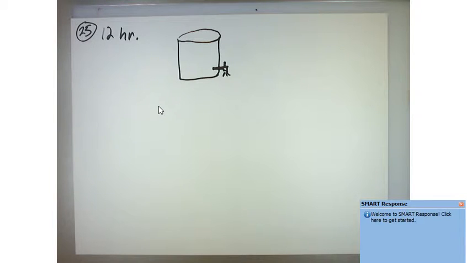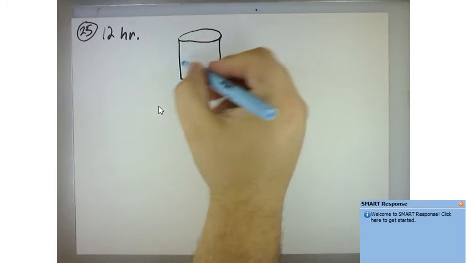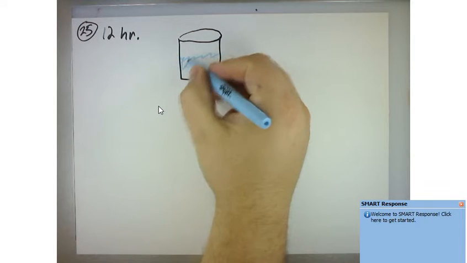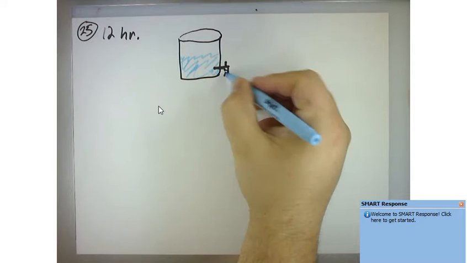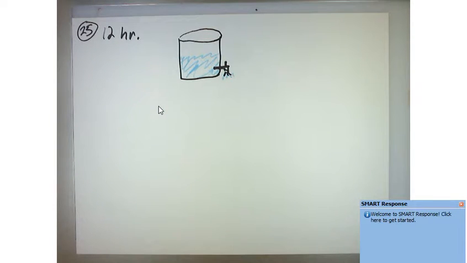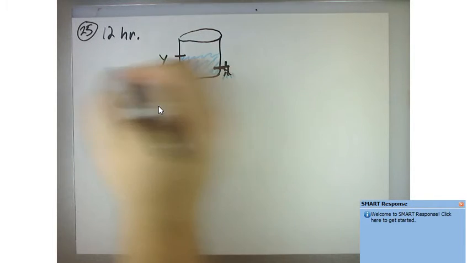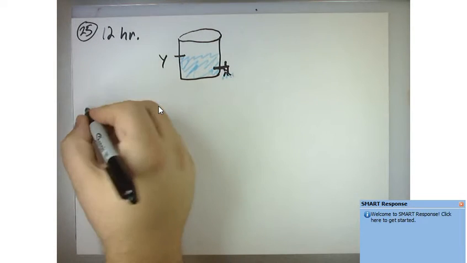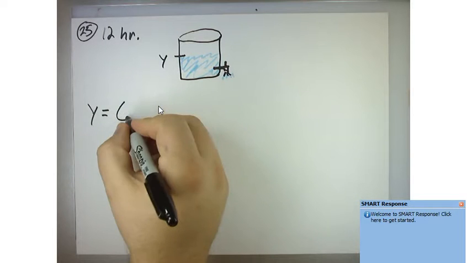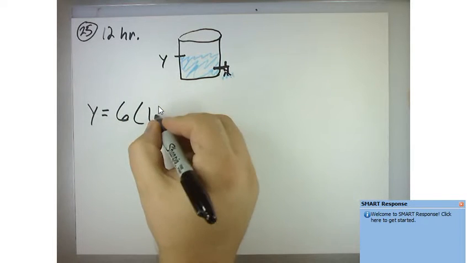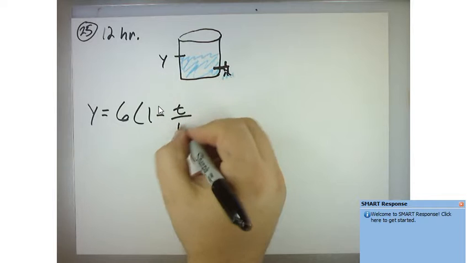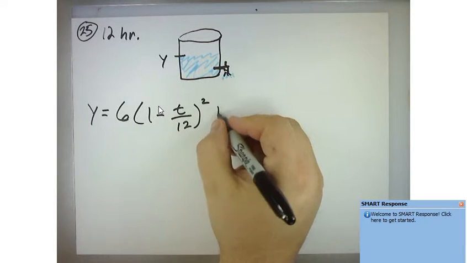The depth of the fluid in the tank after t hours after the valve is open is modeled. So there's some fluid in here, okay? And it's coming out of the tank. And the height, y, is modeled by the following equation, which is y equals 6 times (1 minus t over 12) squared meters.